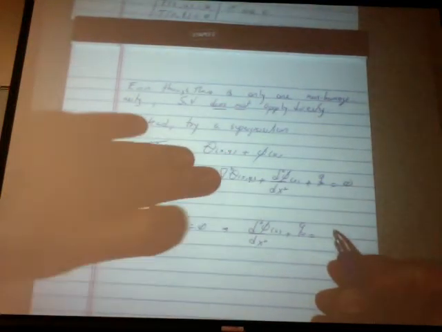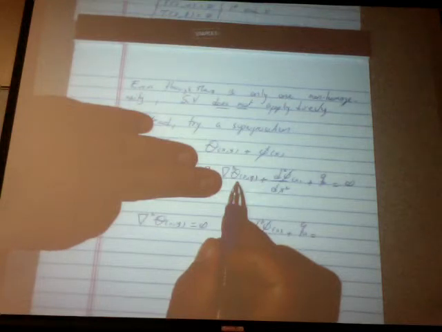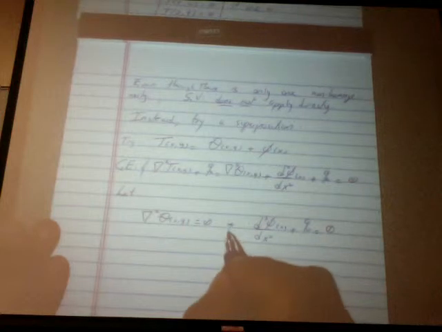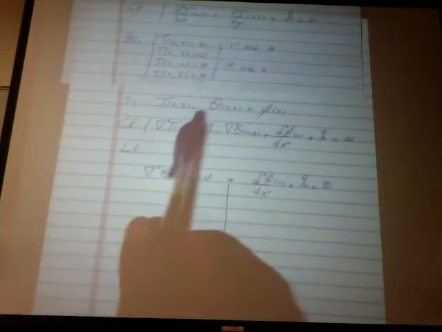This is the equation, and if I make this one equal to 0, then this one plus this one must be equal to 0. Alright? So remember, this one plus this one and this one are equal to 0. T is equal to theta plus phi.